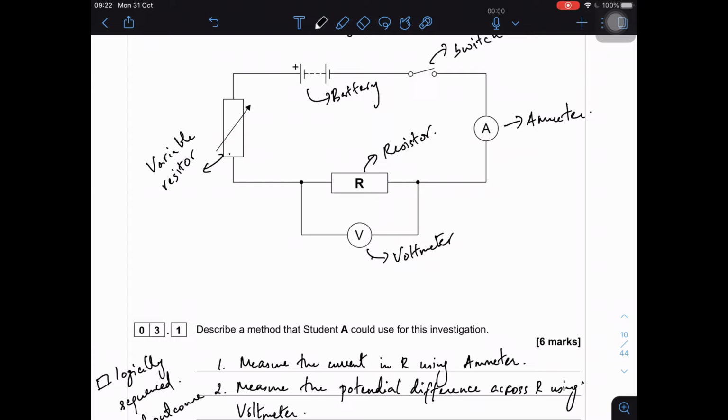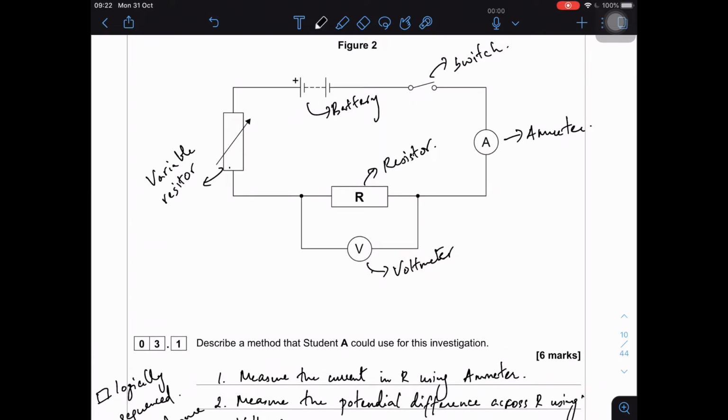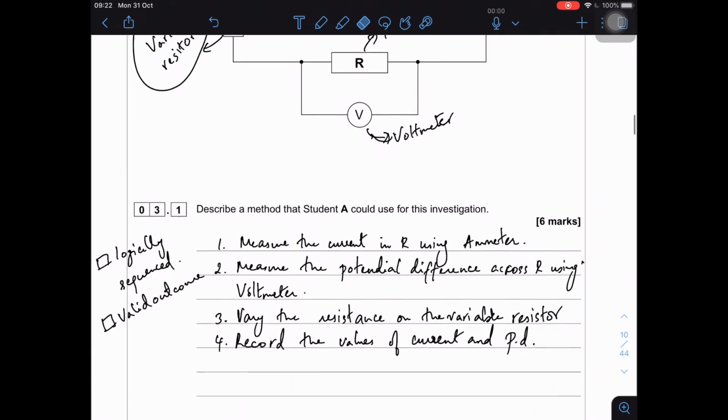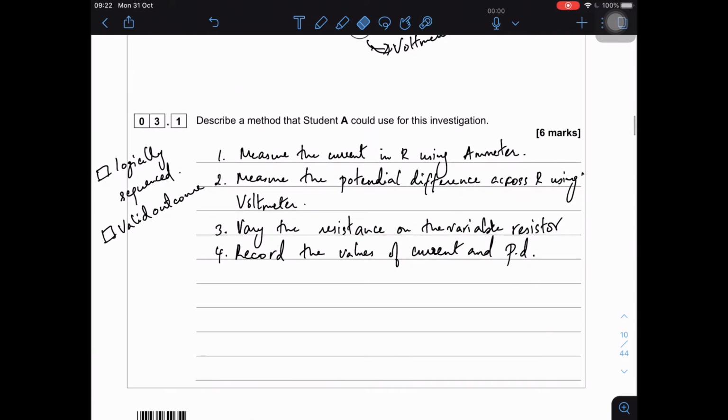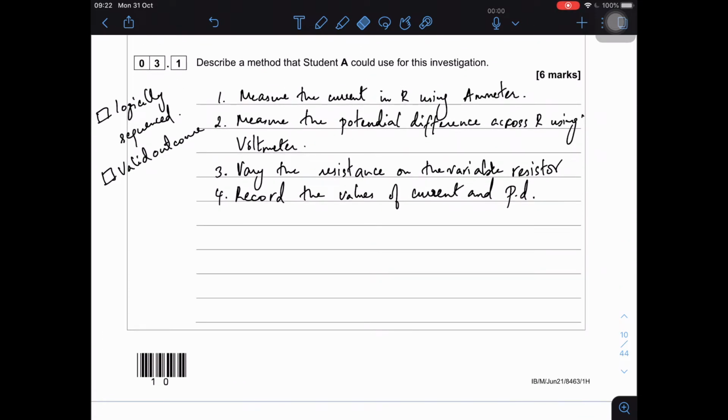If you don't understand what I mean, you need to go and watch a video of this experiment. Essentially, on the variable resistor, I'm going to change the resistance by sliding it up and down. Once I do that, the voltmeter and the ammeter will show different values. The voltmeter shows the potential difference and the ammeter shows the current across this resistor, and this will change. You're going to note that, and after that you're going to draw a graph.